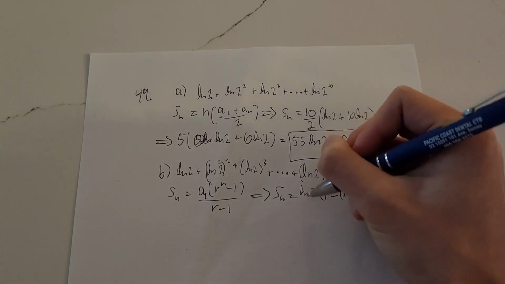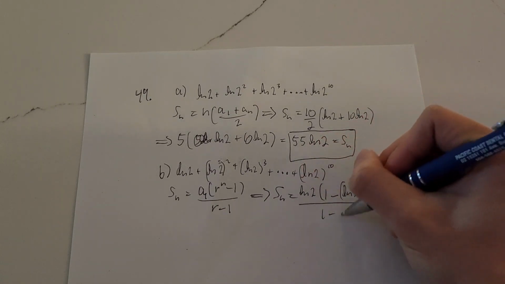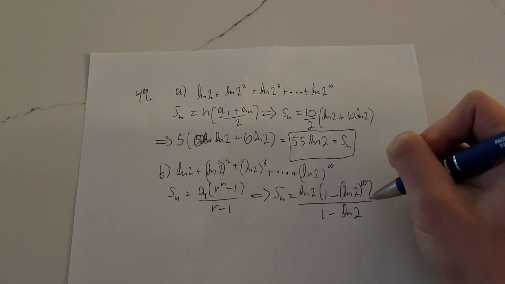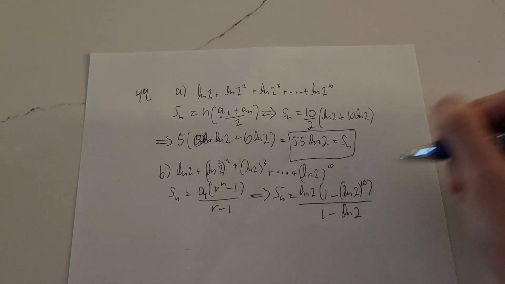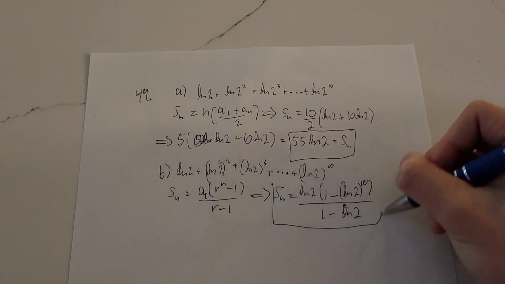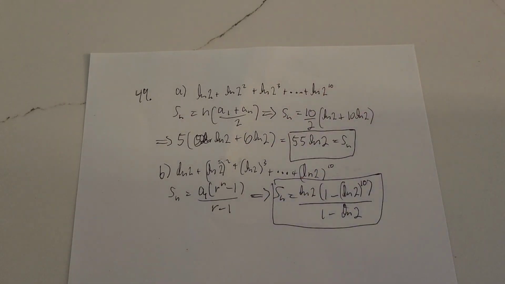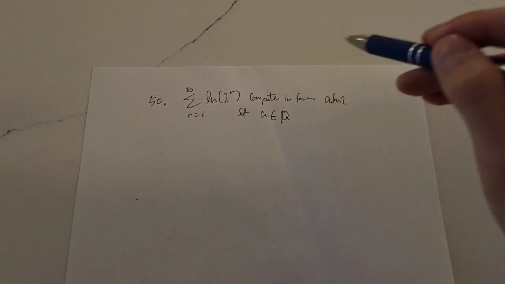Therefore, it's going to be this fraction all divided by 1 minus ln2. And once we're here, this is essentially our expression for the sum of the first 10 terms.